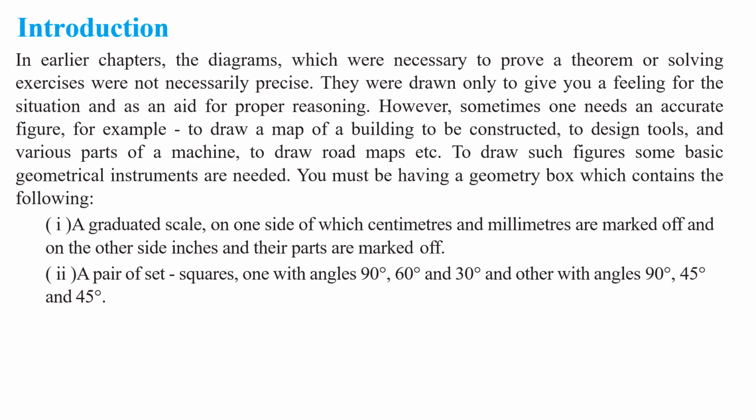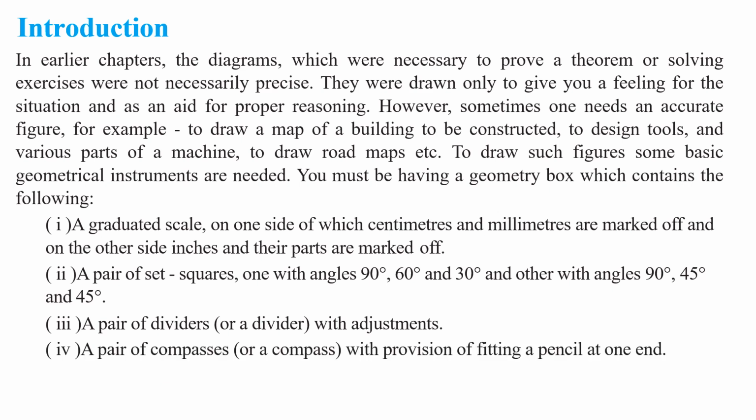Okay, my children? Right. Now come to the third geometrical instrument, a pair of dividers or a divider with adjustments. This is also a geometrical instrument to construct geometrical figures.